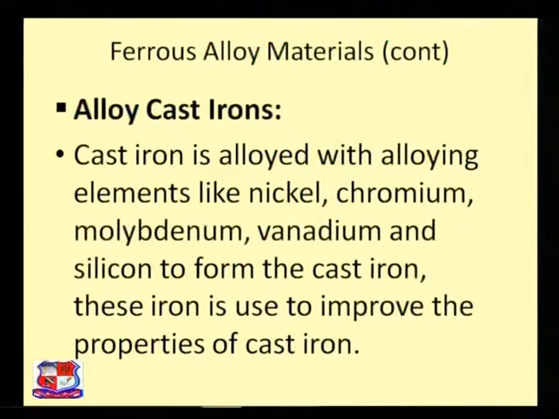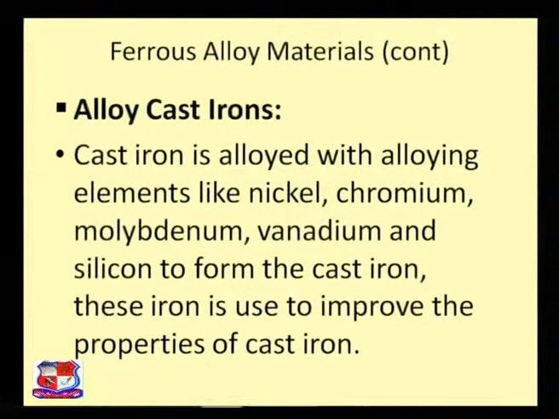Now another type of cast iron is alloy cast iron. Cast iron is alloyed with alloying elements like nickel, chromium, molybdenum, vanadium and silicon. This is done to improve the properties of cast iron. Now see, it is not that all the characteristics desired by an engineer will be there in cast iron, right.